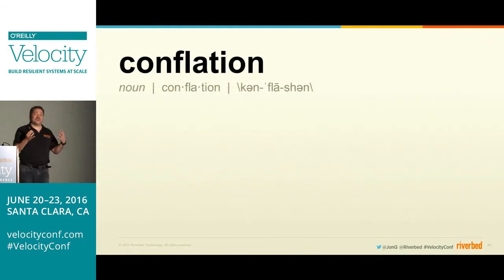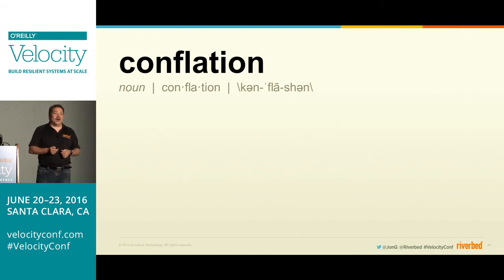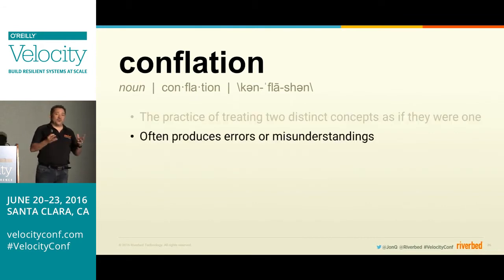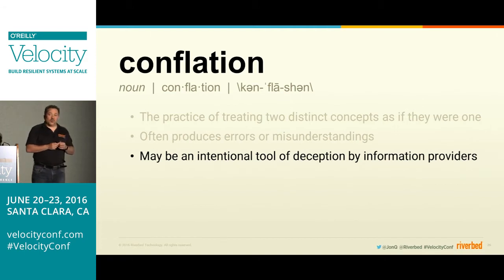To help you make sense of whether or not you can do this, I want to talk about conflation. This is a term for the practice of treating two distinct concepts as if they're one. Often when conflation is used, there are misunderstandings and misinterpretations. Now this may be a tool of deception by information providers. I'm from a software company, I'm a vendor, and this is something you always have to worry about when you're talking to a guy like me, right?